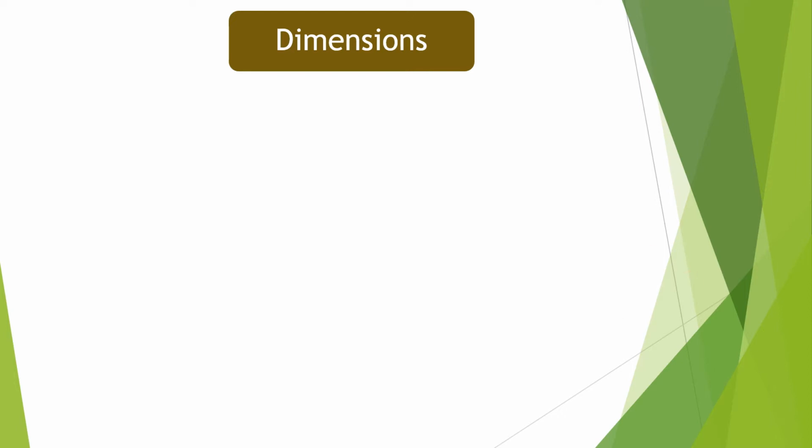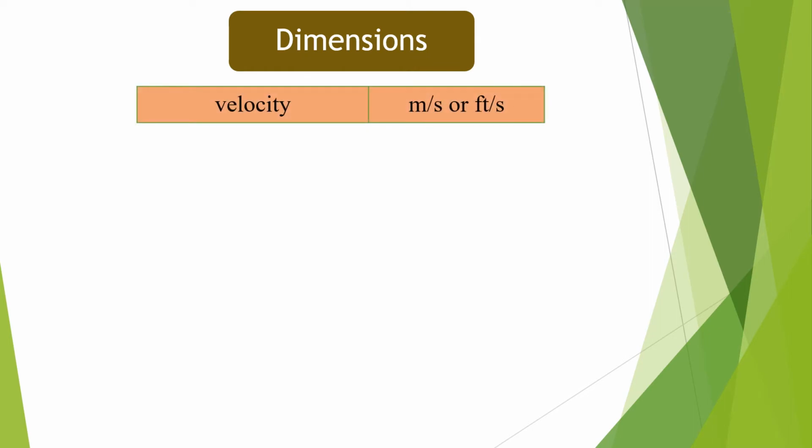Let's try to understand what dimension exactly is. We have taken the formula of velocity as an example, having units meter per second or feet per second, whatever you take, it's your own choice.